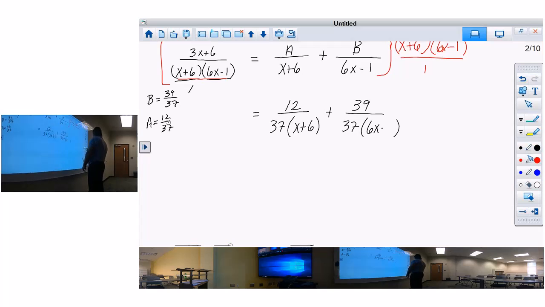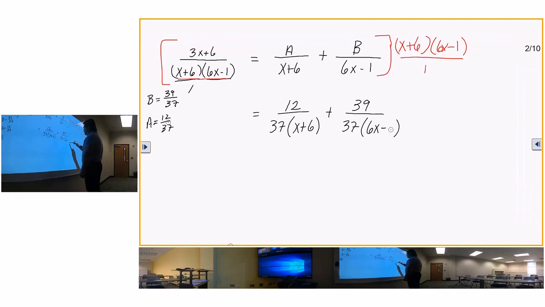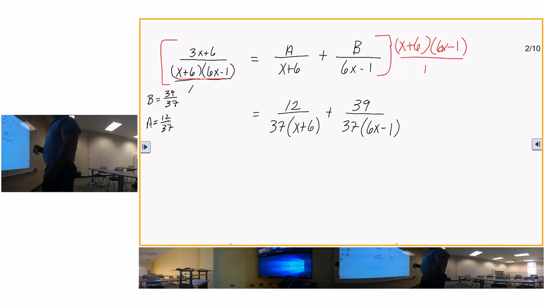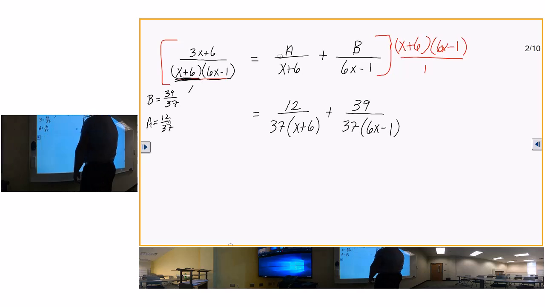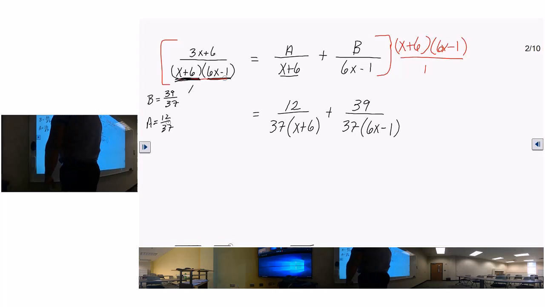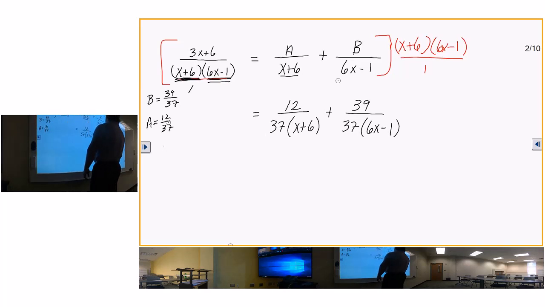And that should be your answer there. Okay? So again, you have the first term, A over the first term, second term, B over the second term.